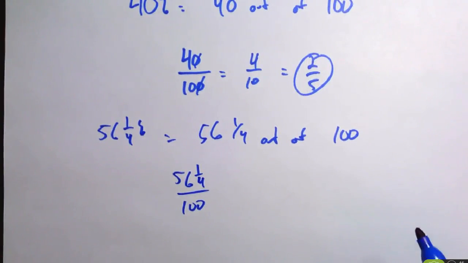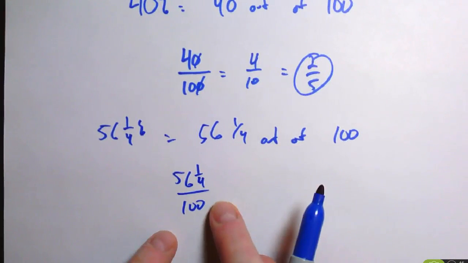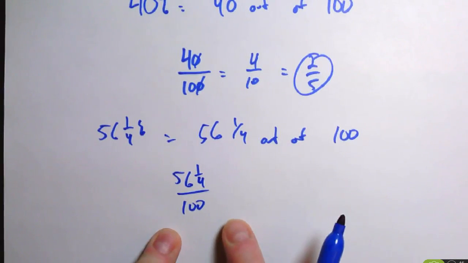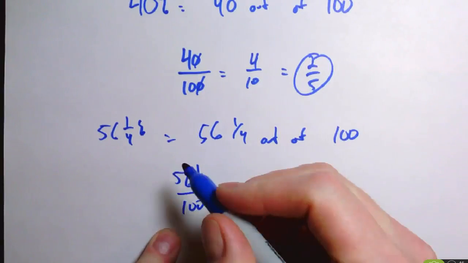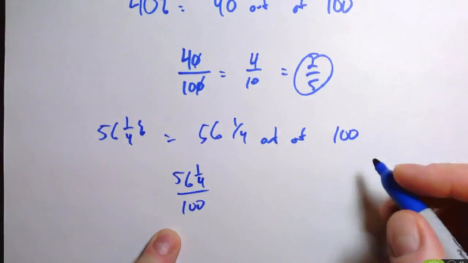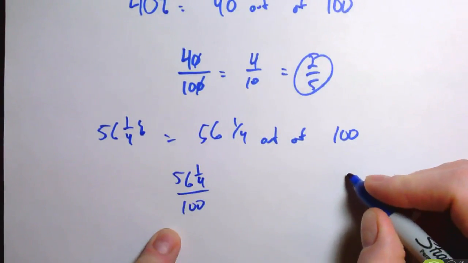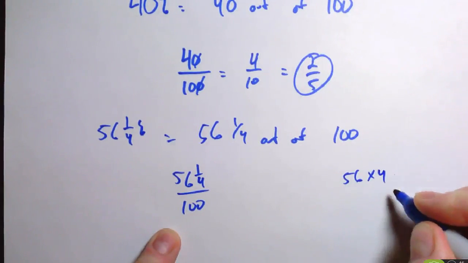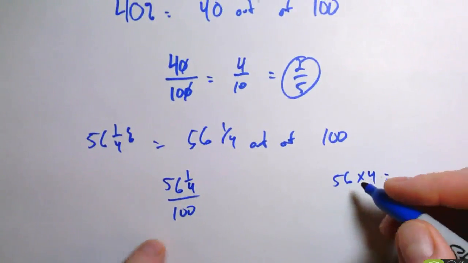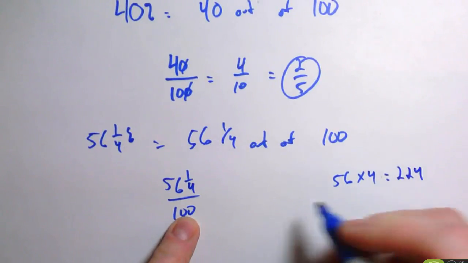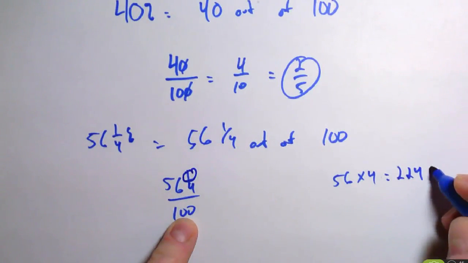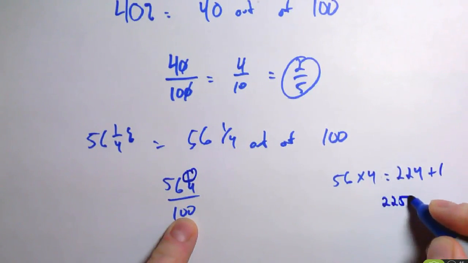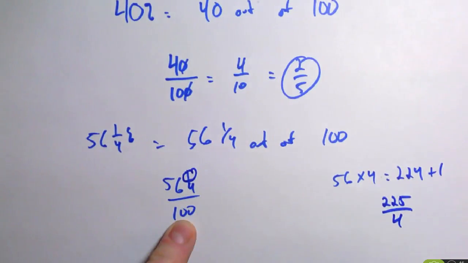There are multiple ways to get around this, but I'm going to go through the most consistent way to do it, which is to make this an improper fraction. So 56 and 1/4: we take 56, multiply it by 4, which is 224, and then add the 1, so that is 225 over 4.